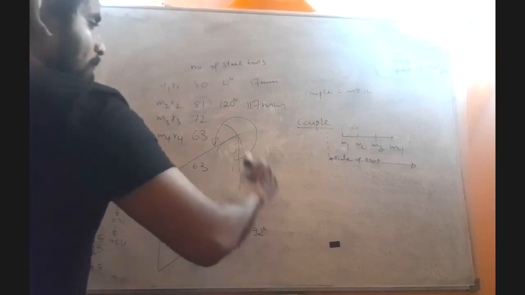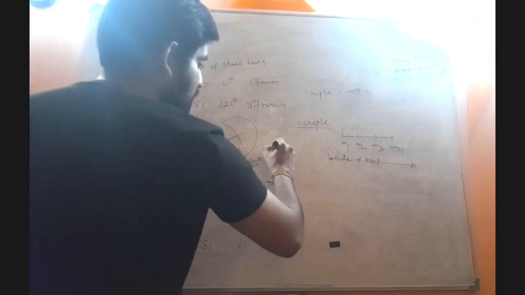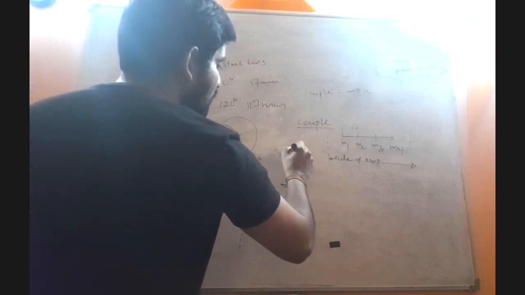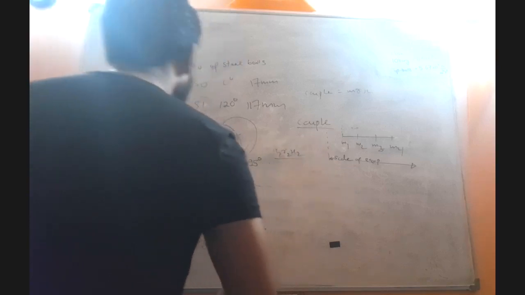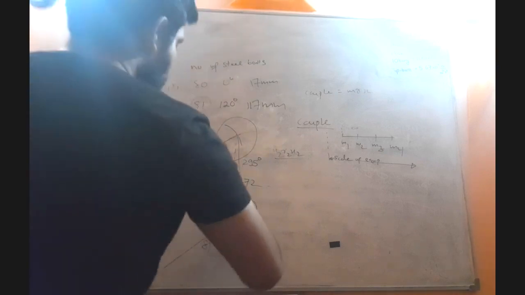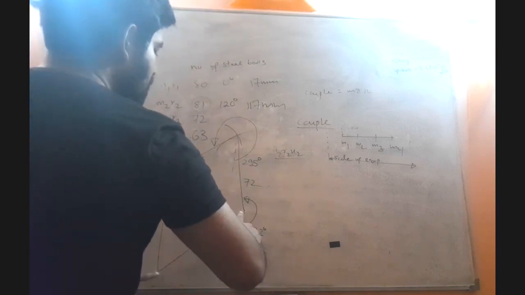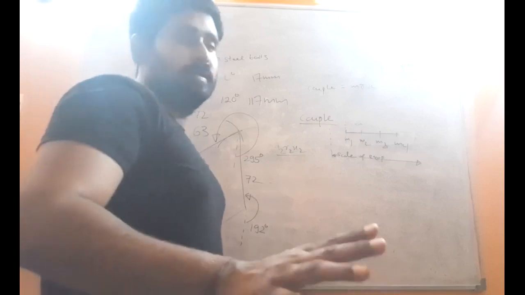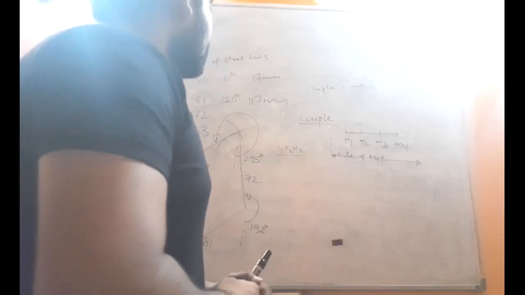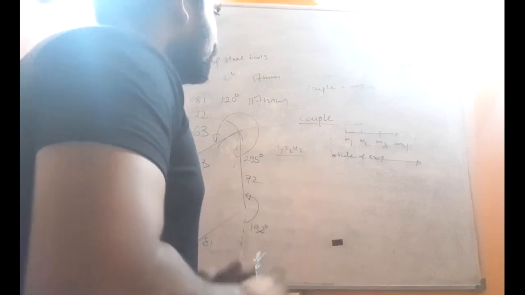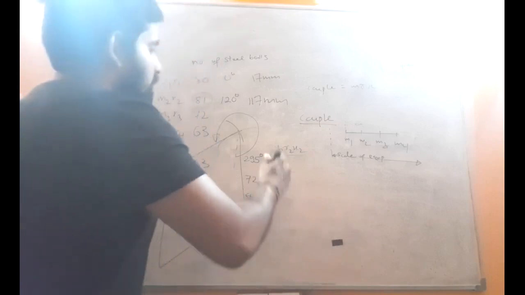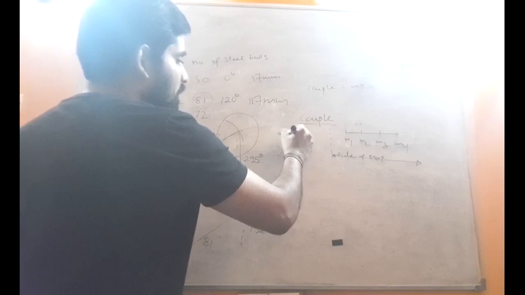So the couple M2R2X2 must be parallel to this length, right? So now we know that we don't have to worry about M1, R1 and X1, right?